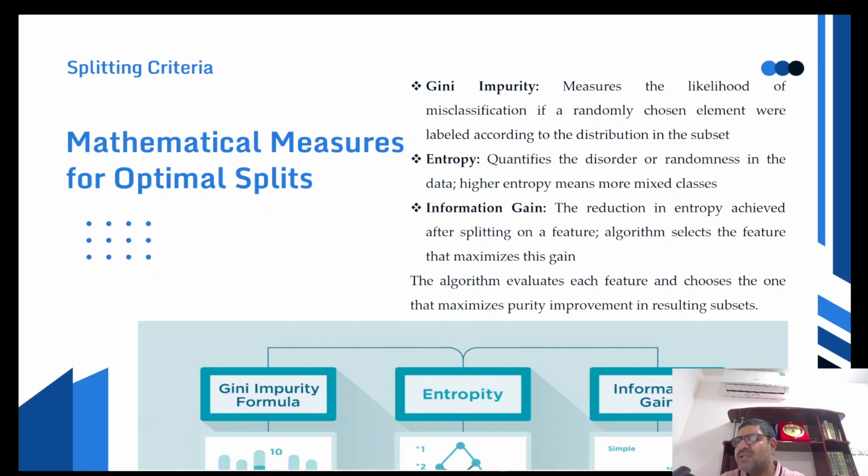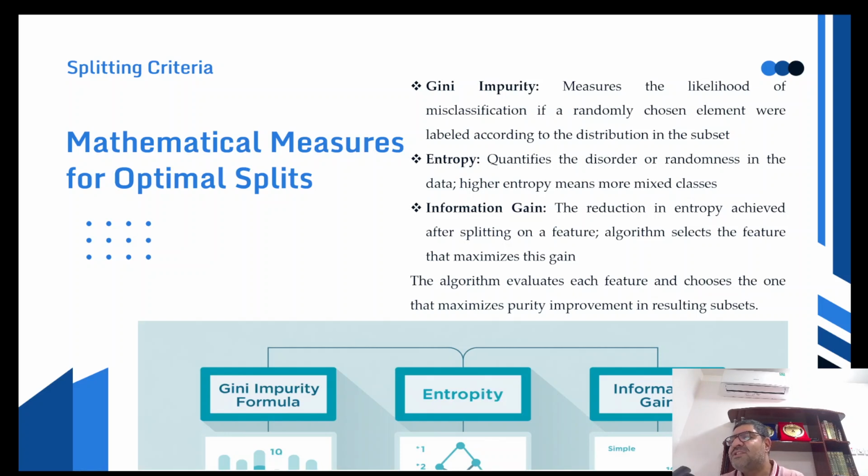Entropy, not in today's session, but we can just say it quantifies the disorder or randomness in data. Higher entropy means more mixed classes. If it is a more mixed class, it is higher entropy, that means disorder or randomness is more. And then definitely information gain is connected to entropy: the reduction in entropy achieved after splitting on a feature.